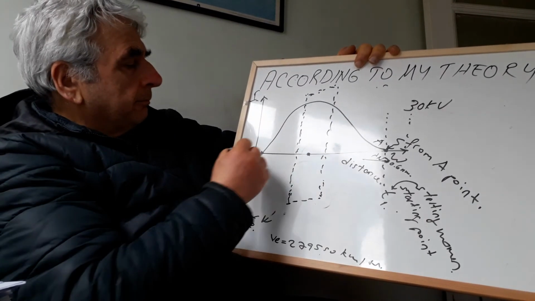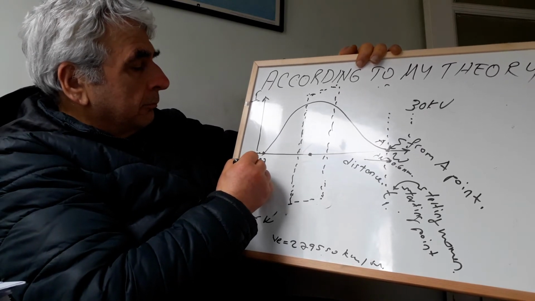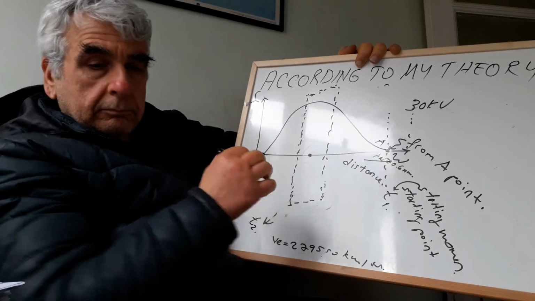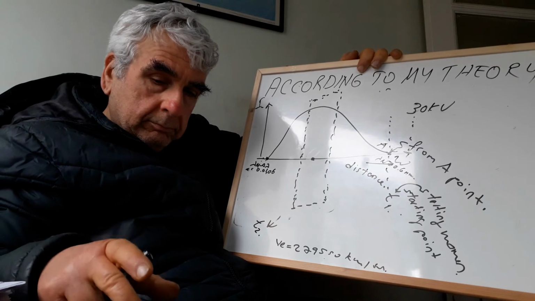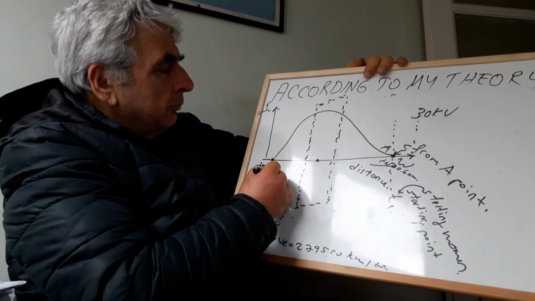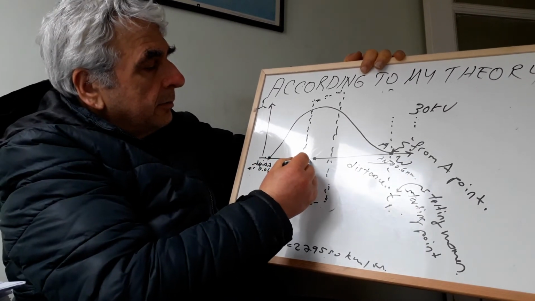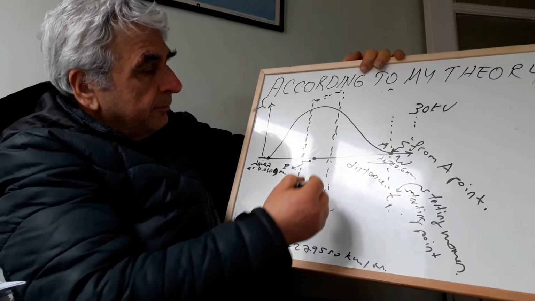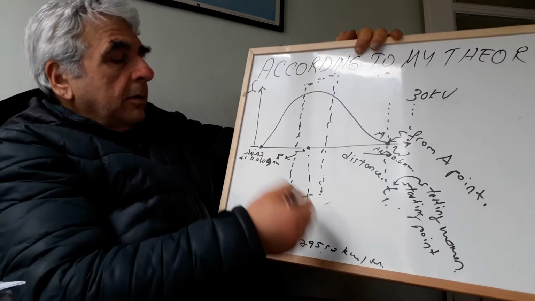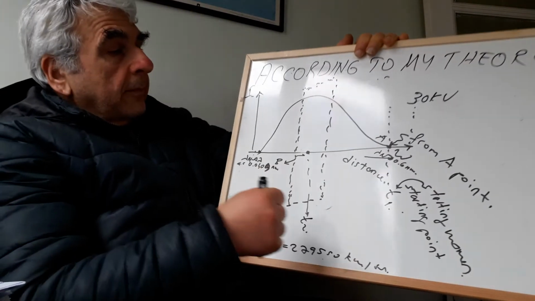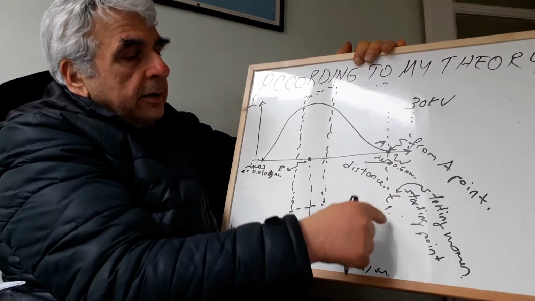This is a plate. This is point B, and we apply 30 kV. We know that time.